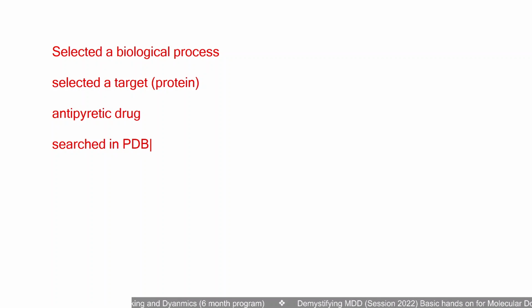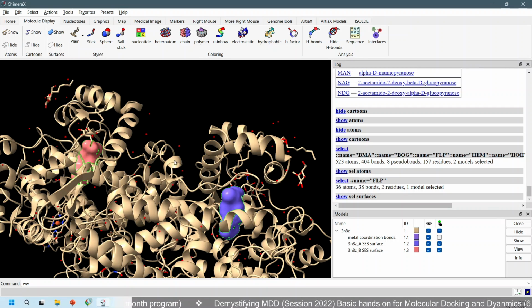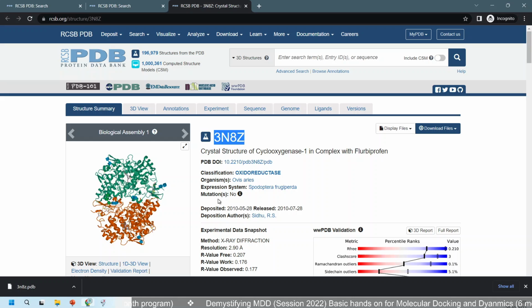So here we selected an antipyretic drug, searched in Protein Data Bank for that protein with a drug. There are other drugs which you will also find while scrolling down. And then we have visualized it in ChimeraX.